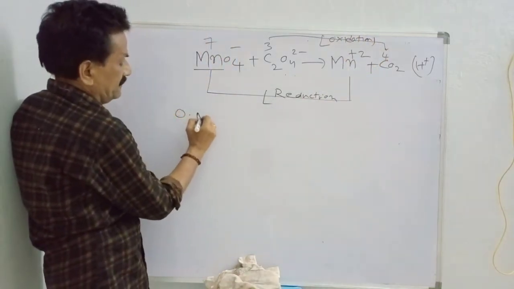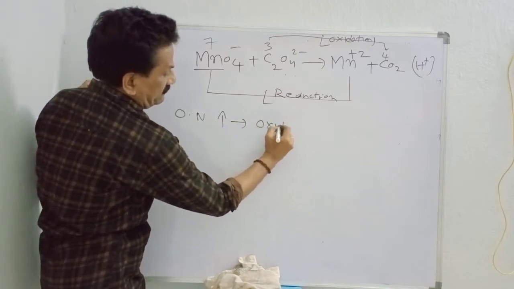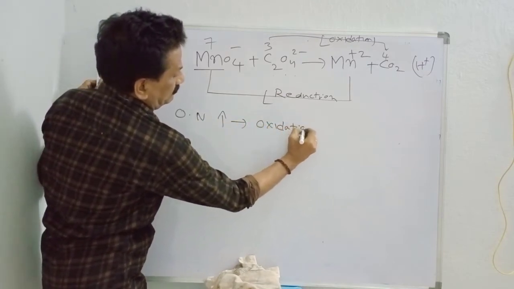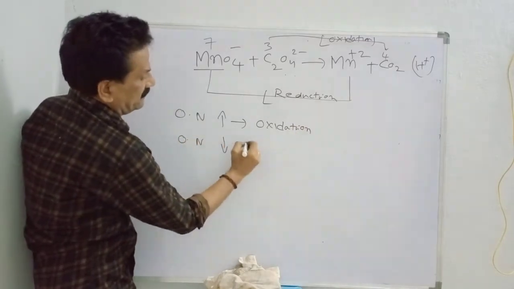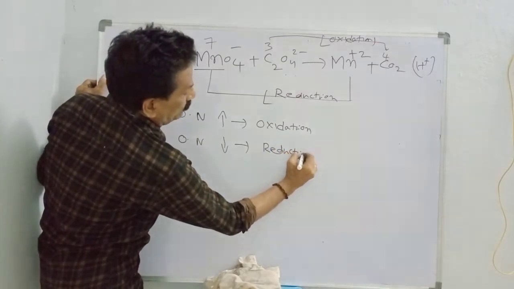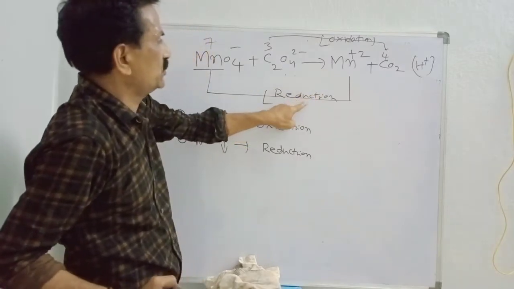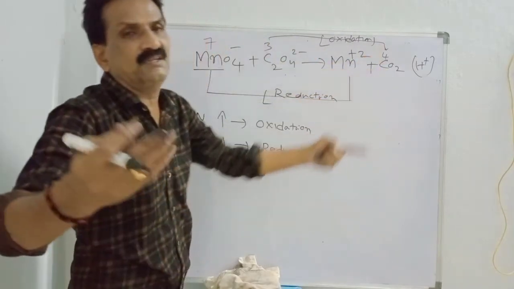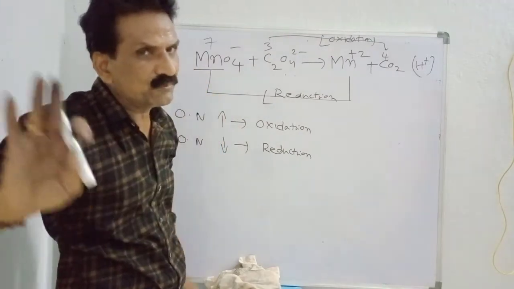Oxidation number increases, oxidation. Oxidation number decreases, nothing but reduction. 7 to 2 is reduction, 3 to 4 is oxidation. So I have calculated the oxidation numbers, first point.